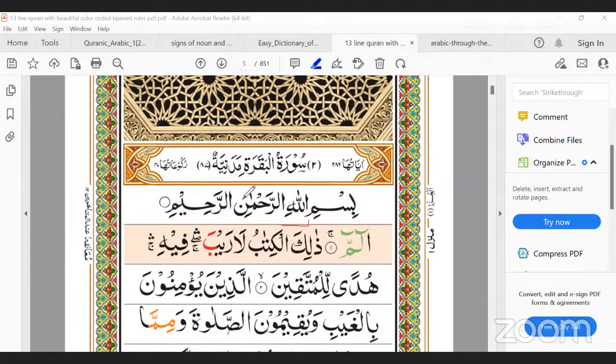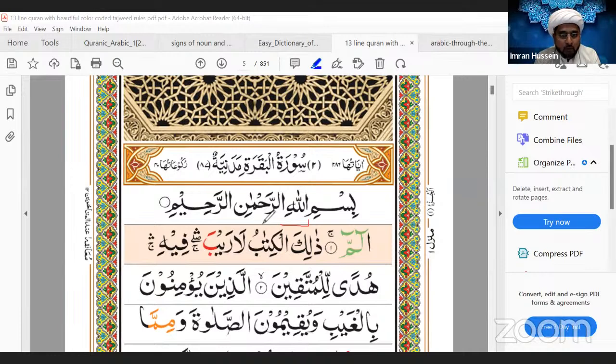Both of them are the sifat of Allah subhanahu wa ta'ala. One of the sifat, Ar-Rahman, is sifatul amma, meaning it's an attribute of Allah subhanahu wa ta'ala which encompasses all of His creation.